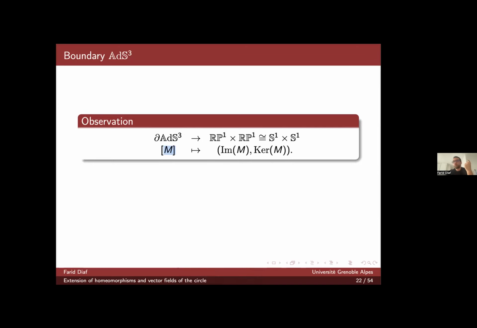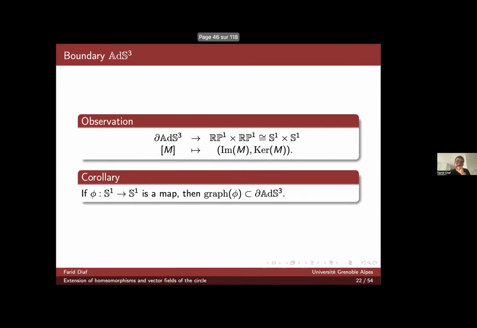It's enough to know the image and the kernel. The image and the kernel are two non-trivial lines, so they define an element of the set of lines in R2, which is RP1. And so in the end, the boundary of the anti-de Sitter space is identified with S1 cross S1. Hence, if you have a map, the graph of this map will be something that lives in the boundary of anti-de Sitter space.